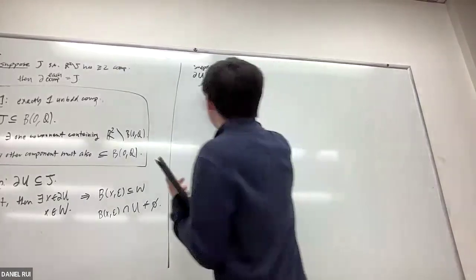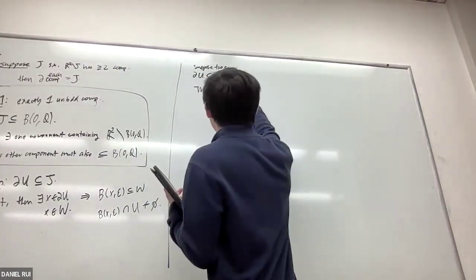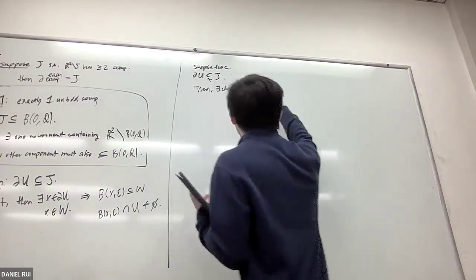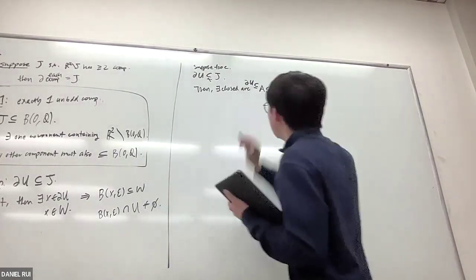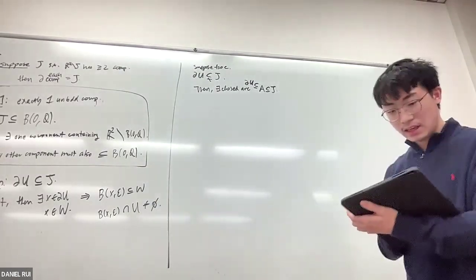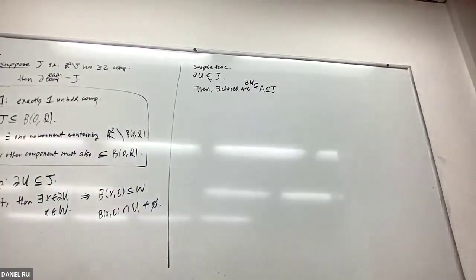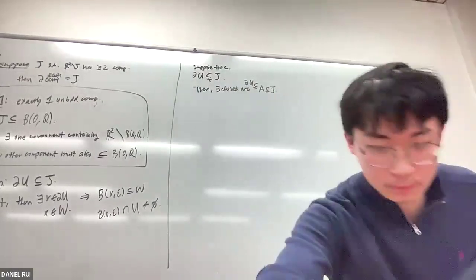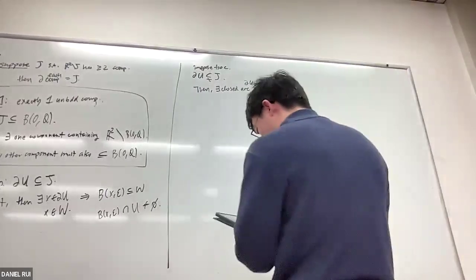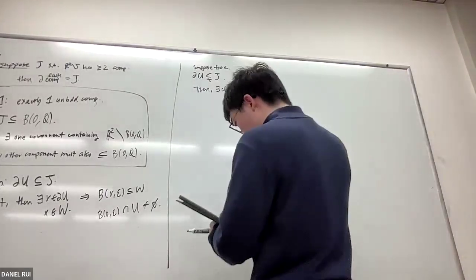Then there exists a closed arc A in J that contains this boundary. So it's time to use color. I have the following.